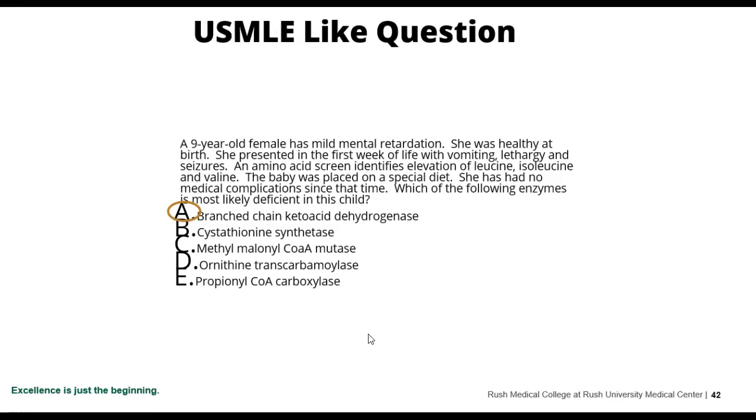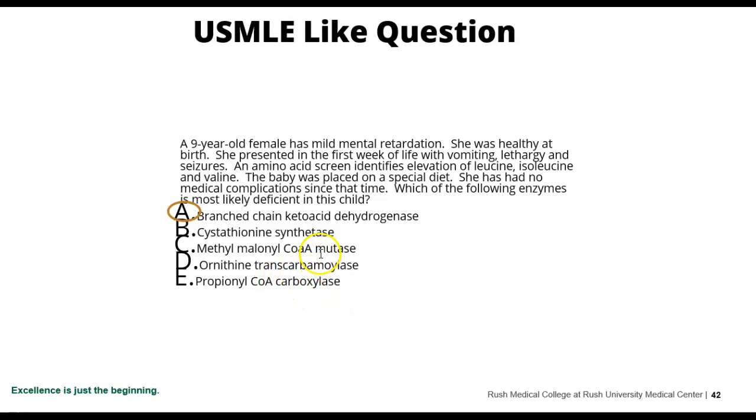I know biochemistry has a lot of stuff they're going to expect you to know. And that's great. But if you saw this and you said, oh, she's 9, she had this leucine, isoleucine, and valine, I should think this is maple syrup urine disease. What they're asking is what the enzyme is. This would be propionic acidemia.